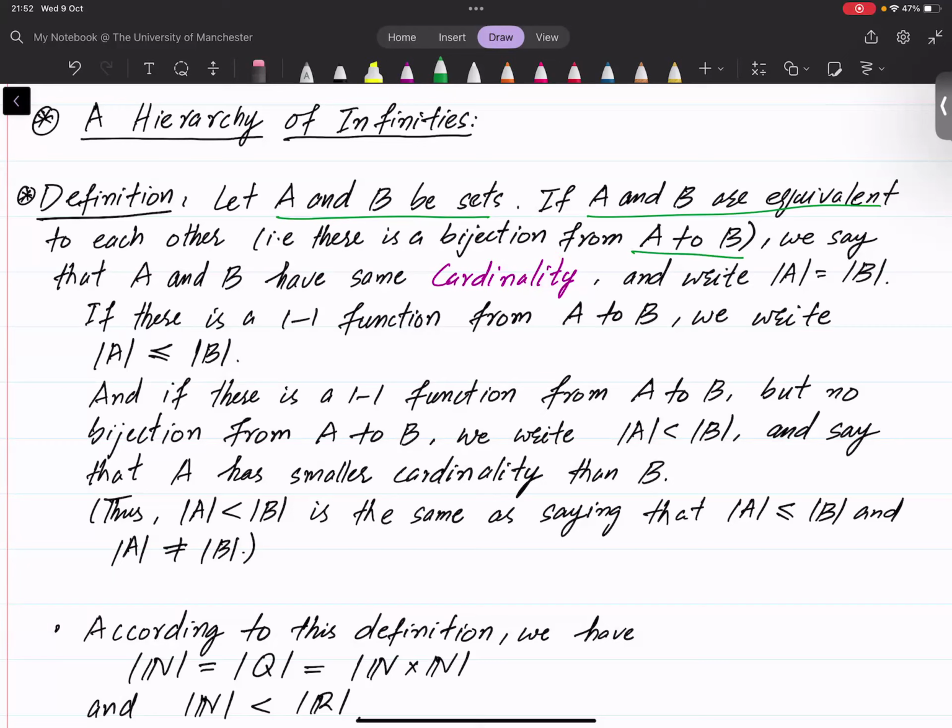We say that A and B have the same cardinality, and we write that their cardinality is the same.